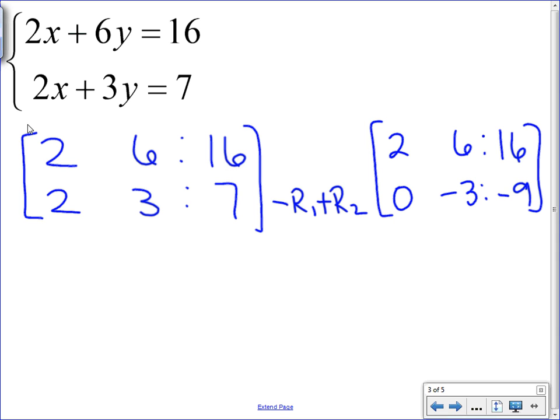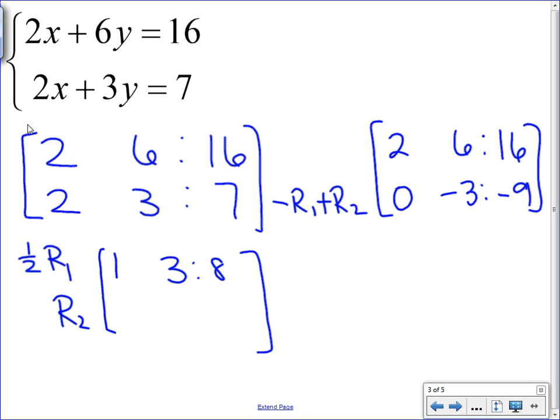And at this point, I'm going to do 2 things at once. I'm going to say we can cut row 1 in half to get our 1, 3, 8. And then I could multiply row 2 by what? Negative 1/3. Divide by negative 3. To get 0, 1, 3.